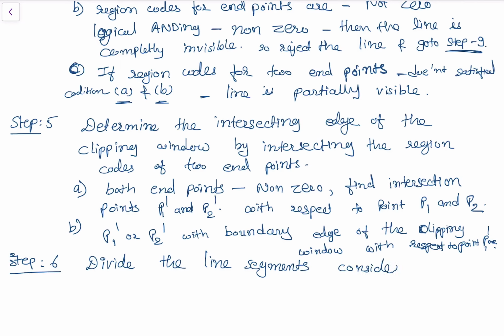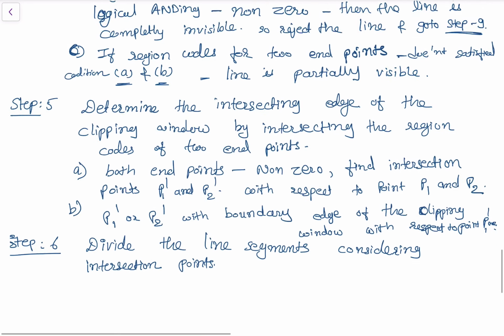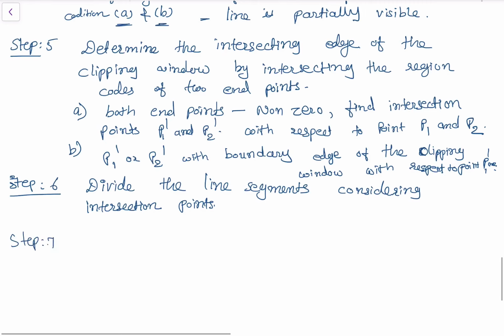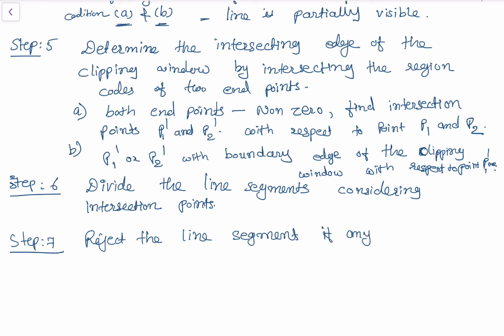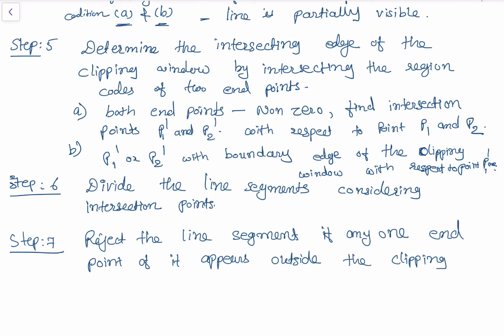Step number 7: reject the line segment if any one endpoint of it appears outside the clipping window.